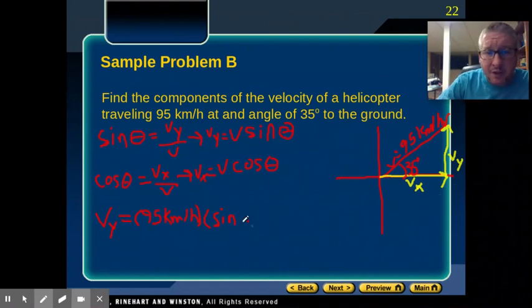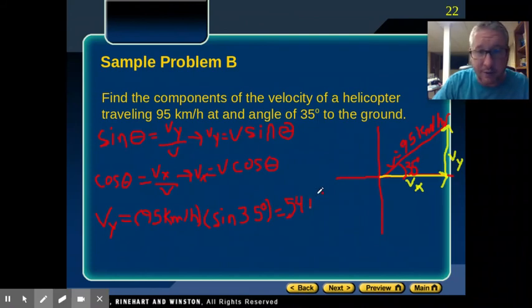And so sine of 35 degrees, when you take sine of 35, you should get 0.57. Multiplied by 95 kilometers per hour, you should get an answer, or a vertical motion, of 54 kilometers per hour.